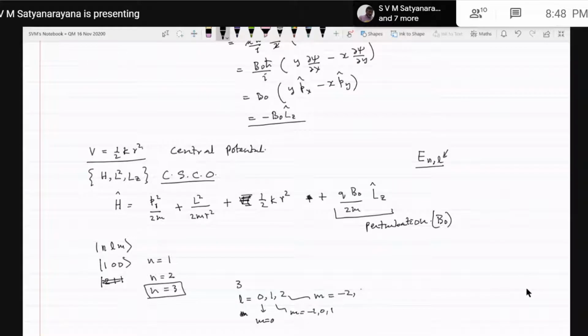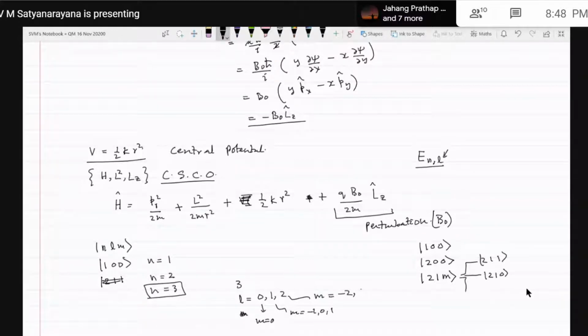So in that way, if you look at the ground state, 1 0 0 is the ground state, and as l is increasing, 2 1 m is the first excited state. And this will have a degeneracy of 3 levels. That is 2 1 1, 2 1 0, and 2 1 minus 1.